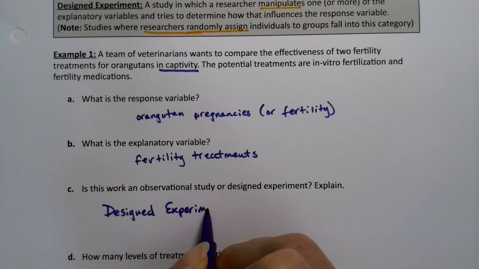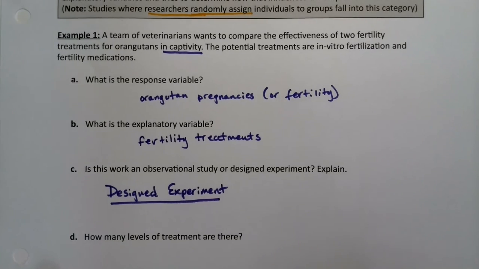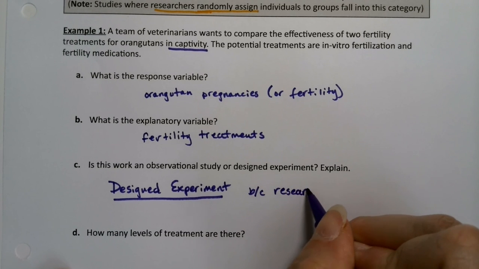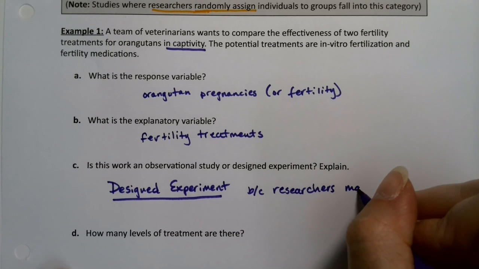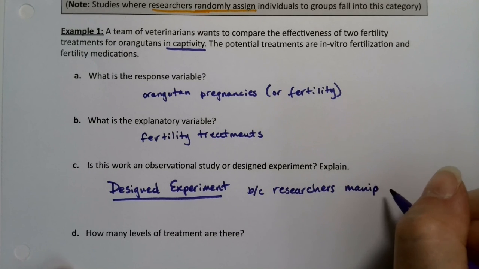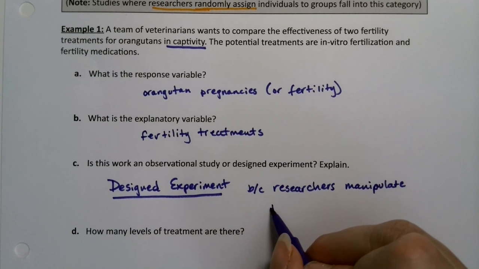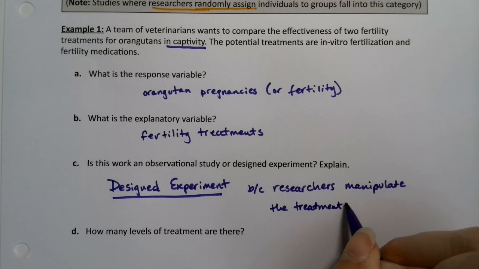This is not orangutans in the wild. Because researchers control the treatments and the orangutans at that. I shouldn't say the word control, I'll say manipulate. Manipulate the treatments and the orangutans. So pick your reason.